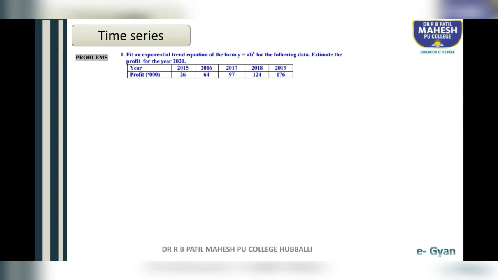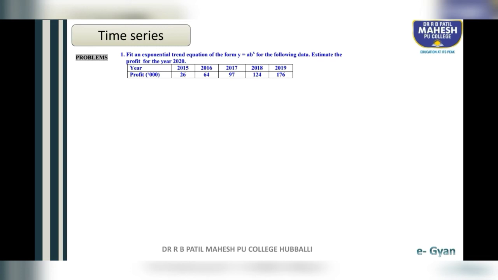Students, first you need to analyze the question. In this question we have to fit an exponential trend. So the main objective of this question is, first we have to find log a and log b values using the formulas.